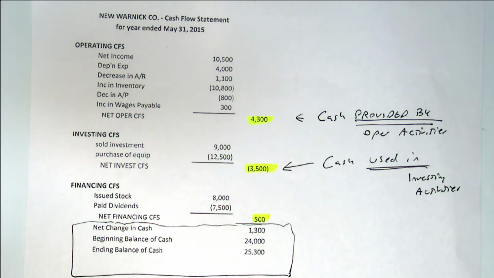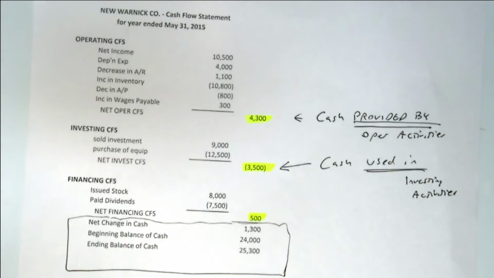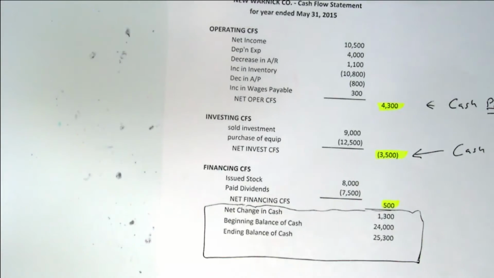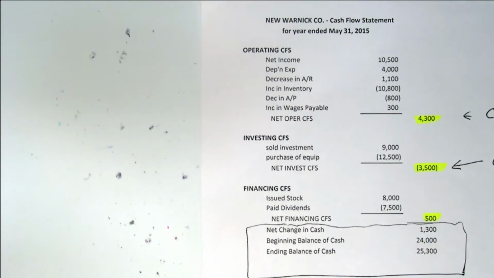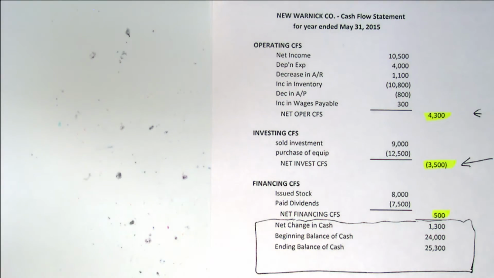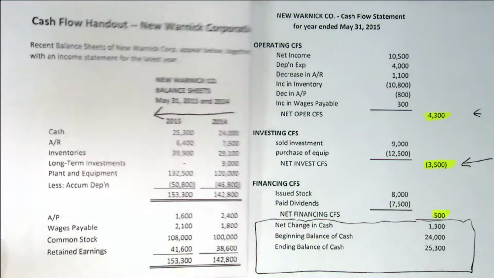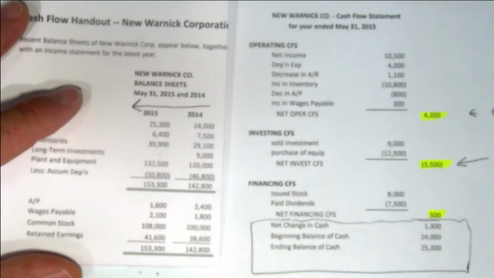All right. Let me look at this Elmo here. This is our complete cash flow statement, and this is our balance sheet.